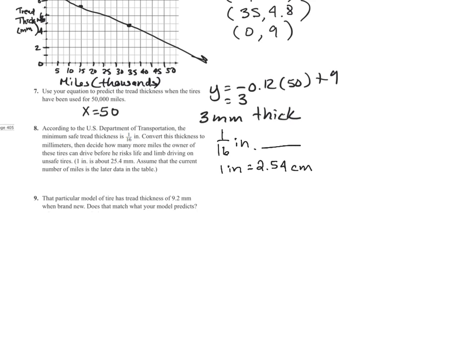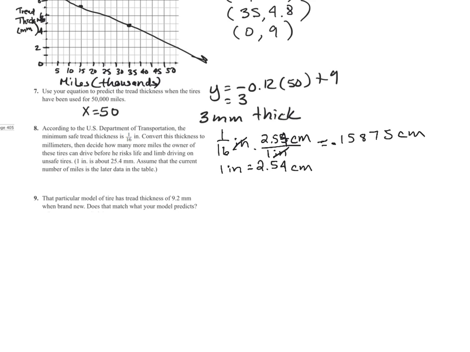Okay, so I know that 1 inch is equivalent to 2.54 centimeters. So in my calculator I have 1 divided by 16 times 2.54, and I get 0.15875, that's centimeters, and we need to go to millimeters.